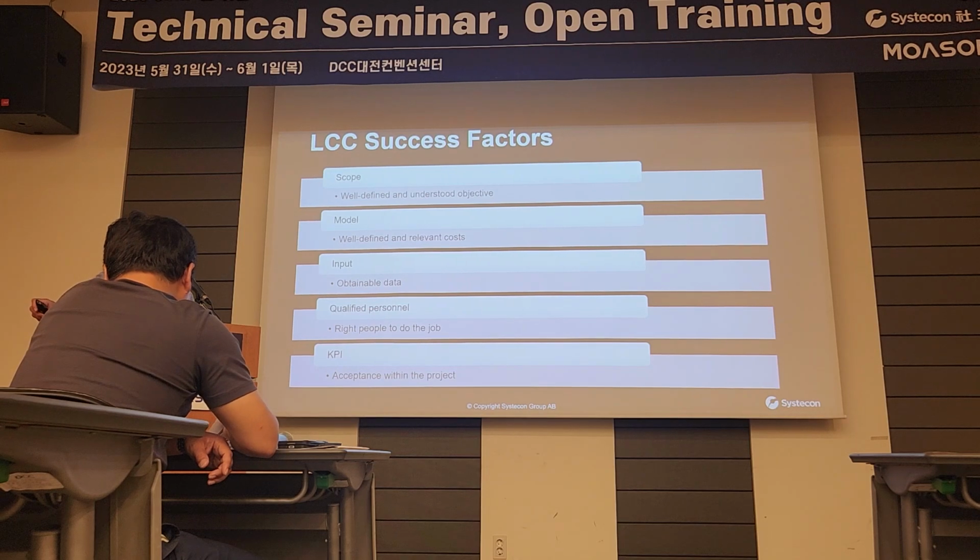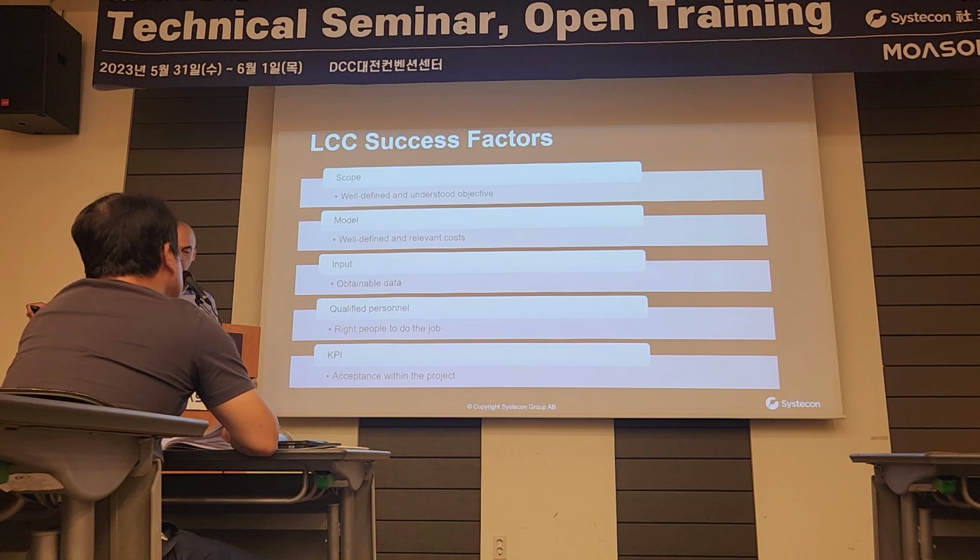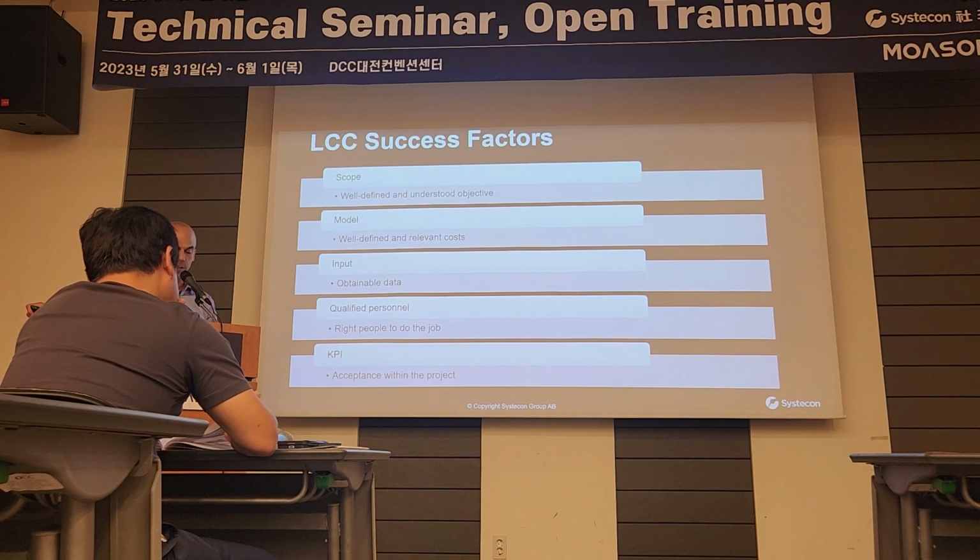You should have the right personnel working with it, qualified people who know what they're doing. And LCC should be a KPI within the whole project, which everyone on board is to accept.